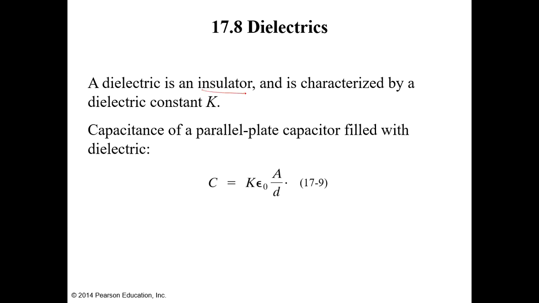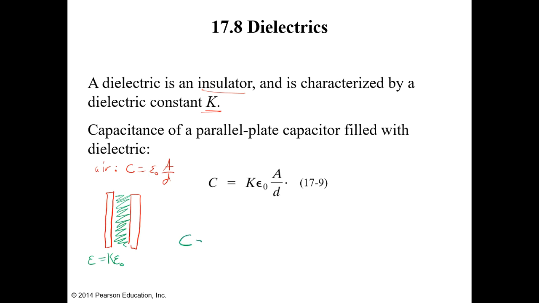So the dielectric is the insulator, and we're going to characterize the dielectric constant with the capital letter K. So you have two plates, which, with air in between, have a capacitance of epsilon naught A over D. But if I take this capacitor and fill it with some material, then epsilon naught is going to be replaced by some epsilon for that particular material, and that epsilon is calculated as K times epsilon naught.